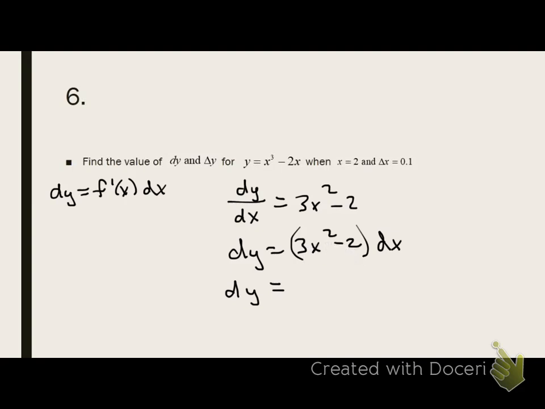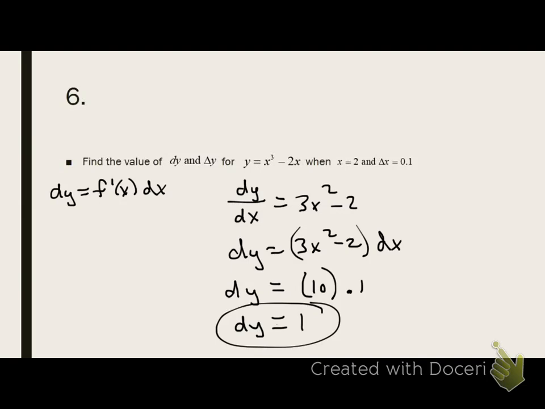Minus 2 is 10 times delta x, which is approximately equal to dx, so 0.1. And 10 times 0.1 is 1. So dy is 1. Everybody okay with dy? I'm giving you one of these on the test.